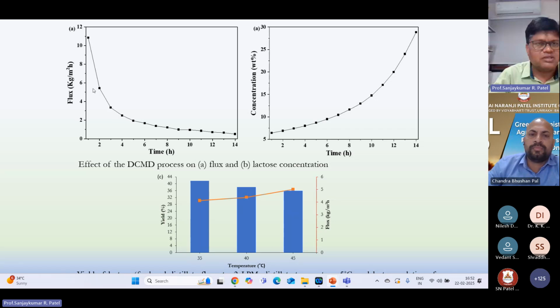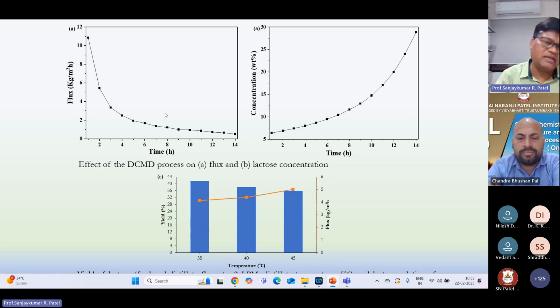At the same time, the lactose concentration increases with time, since more water is removed. This is what we require for the crystallization process in a short time. If we have a higher concentration, based on the metastable zone width, by changing the delta T the crystals can be recovered.